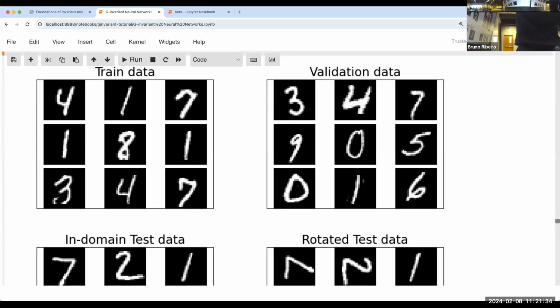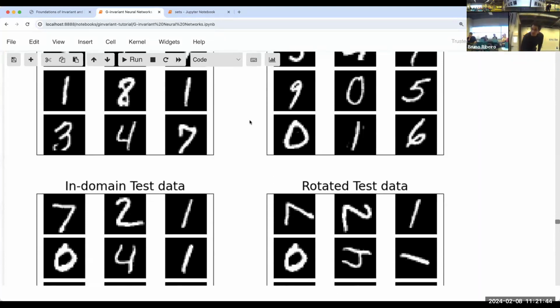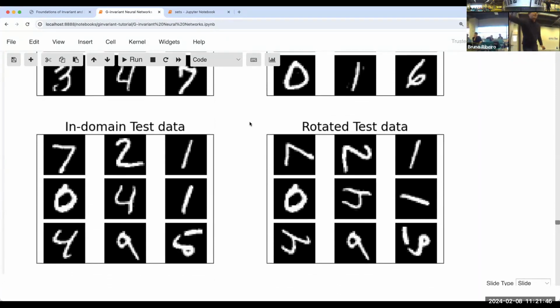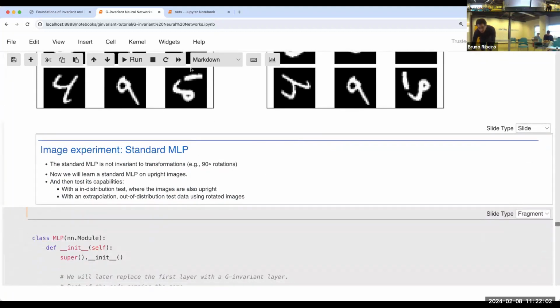In the standard way, this would be my validation data, so I'm selecting hyperparameters from it. And then I'm going to call this my in-domain data. It's sampled from the distribution of the handwritten digits that I saw in training, right? They are all upright. And this is my out-of-distribution test data, which are all rotated. So let's go and do this.